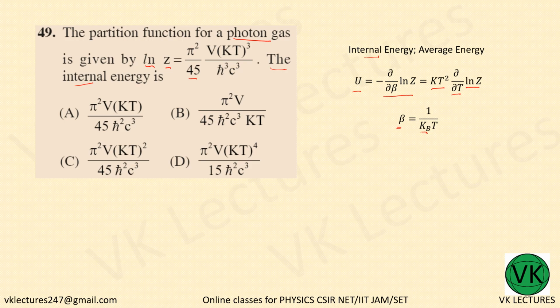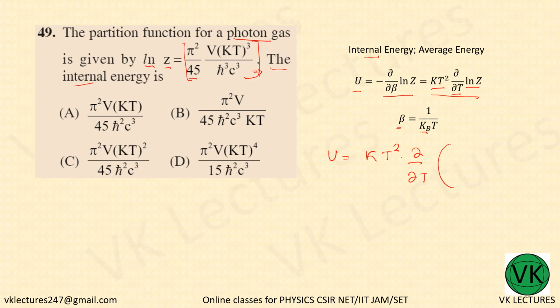Here our function log z depends on T, so we can take the second equation: U equal to kT squared into dou by dou T of log z.